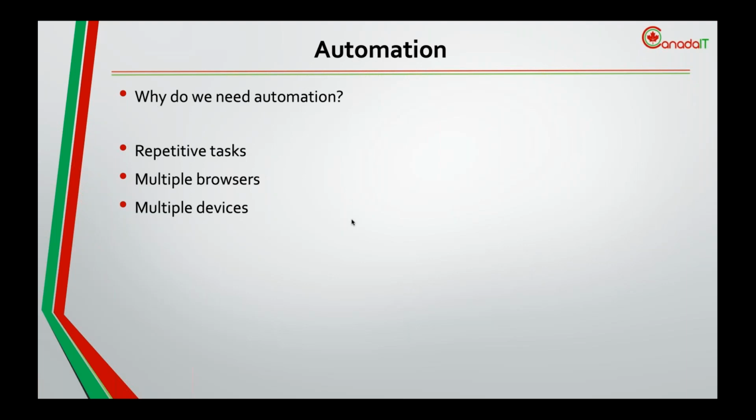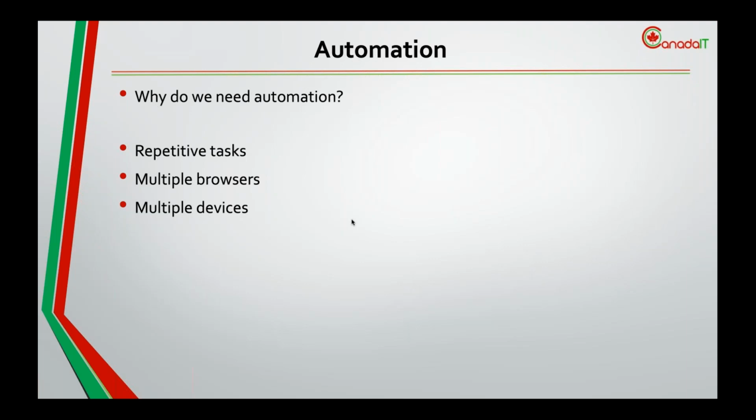You have tested certain test cases, certain features in one browser, for example IE, and then you want to test the same stuff in another browser, say Chrome or Edge or Safari. That's again a repetitive task, so why not automate it? Just automate in one of the browsers, say Chrome, and then let it run in IE, Firefox, whatever browser you want. It will help you to save some time.